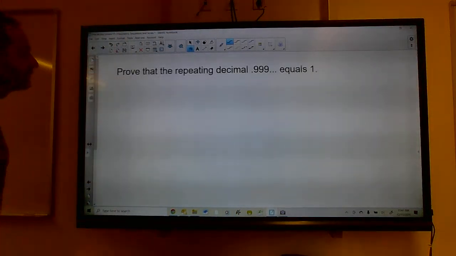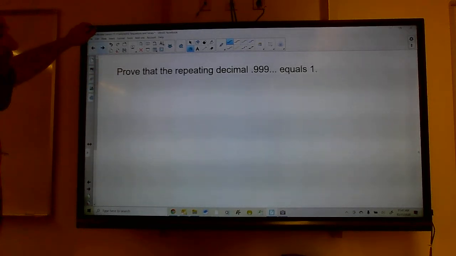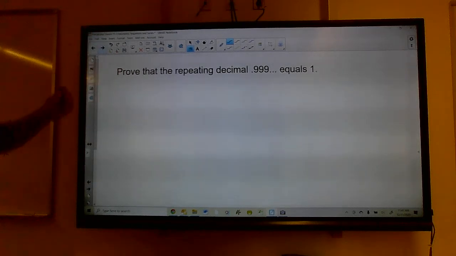All right, let's look at this. Prove that the repeating decimal, 0.999 to infinity, equals 1. There's several ways we can do this.